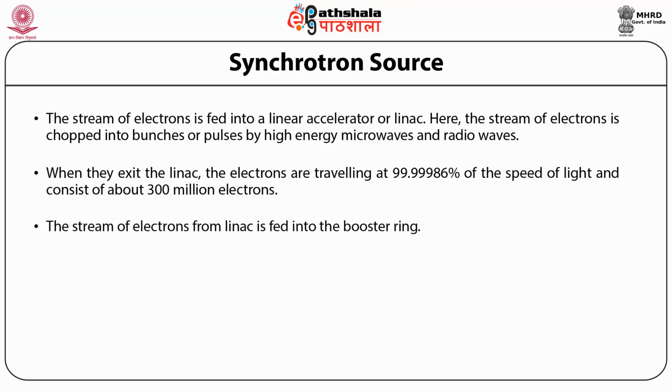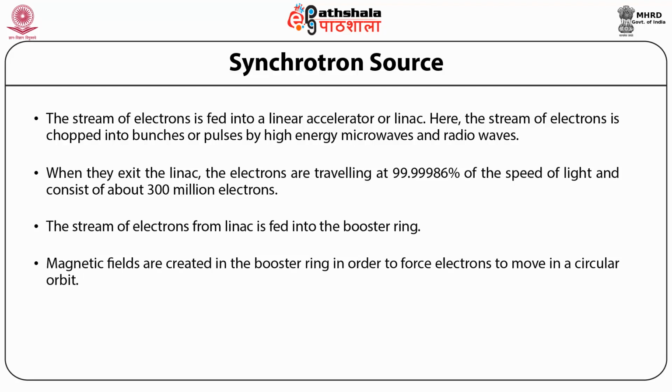The stream of electrons from the LINAC is fed into the booster ring. Magnetic fields are created in the booster ring in order to force electrons to move in a circular orbit.